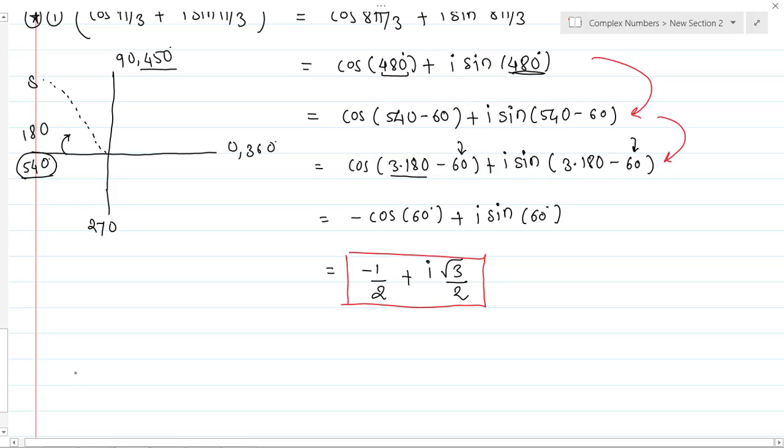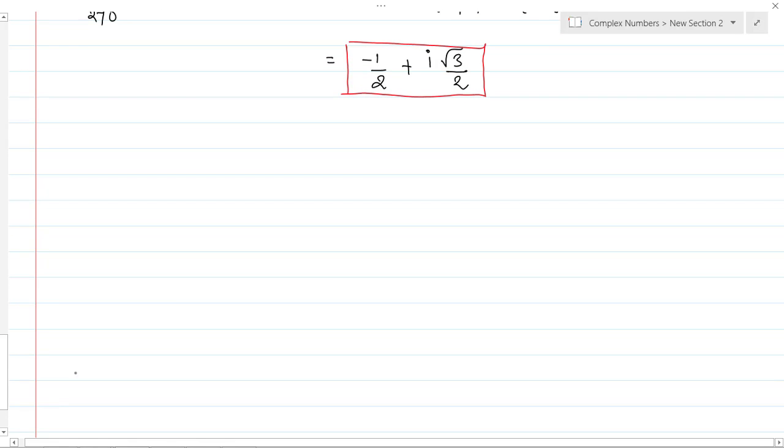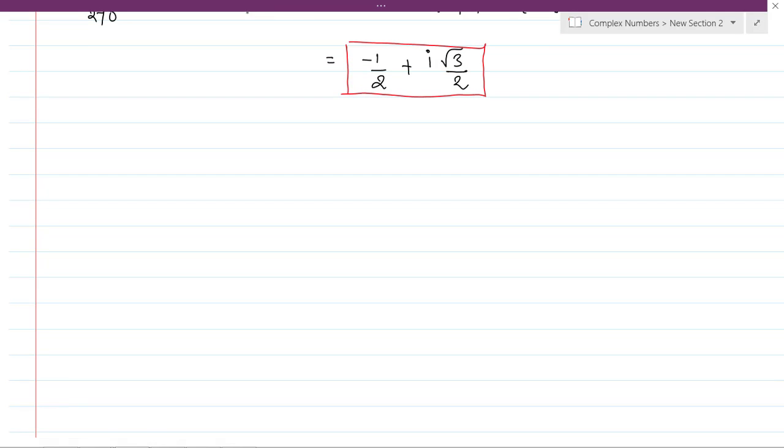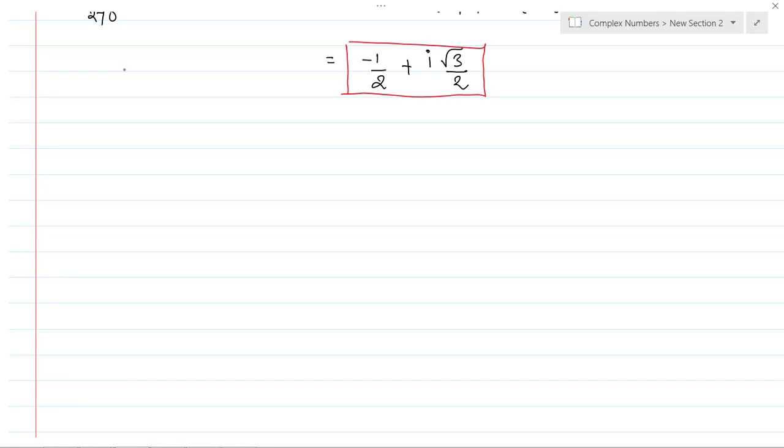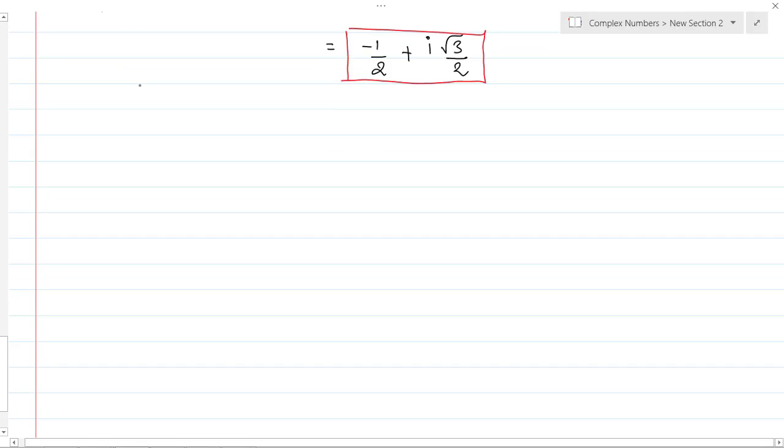Okay, let's take the second question. I will give you a simple trick so that you will feel this is simple. The angle conversion trick I will give you right now, because it is required.